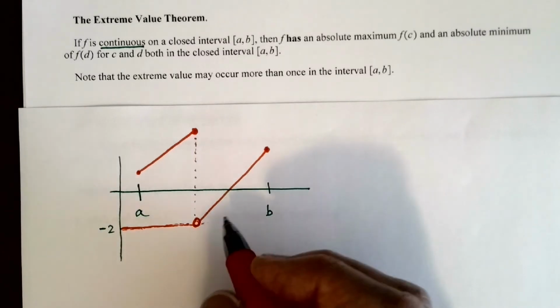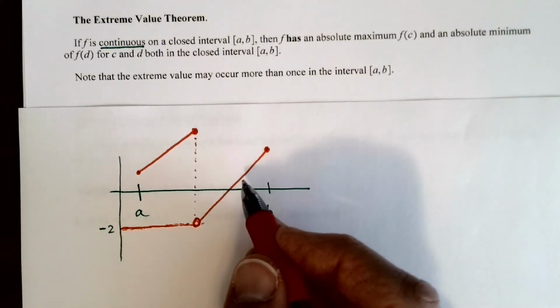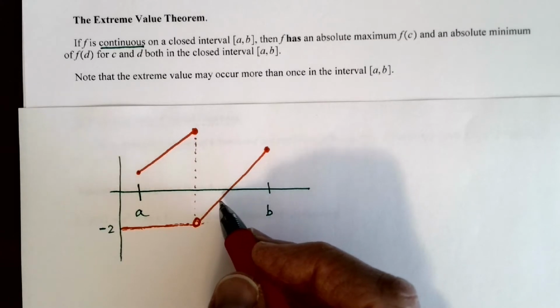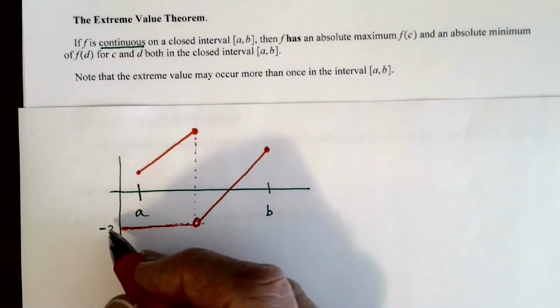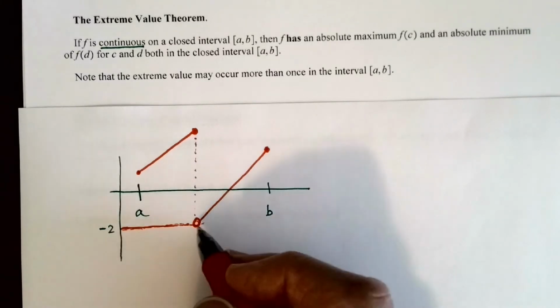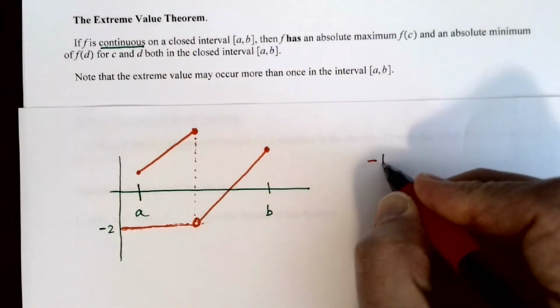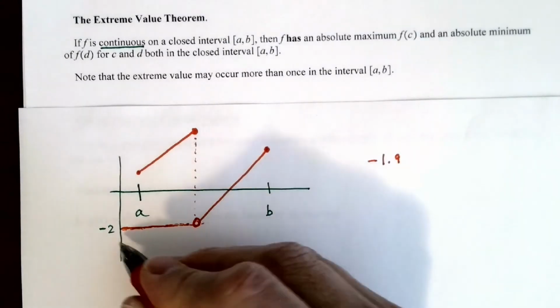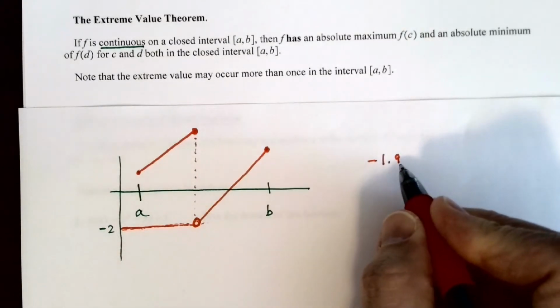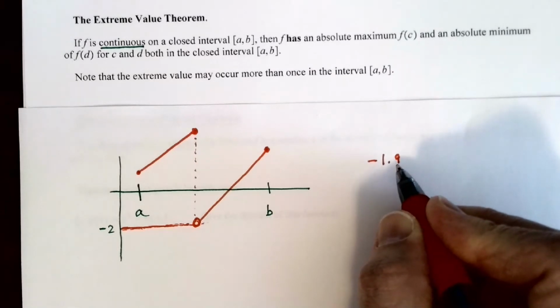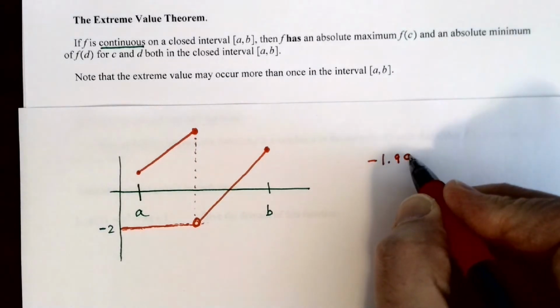We talked about this a while back at the beginning of the semester: there is not a smallest real number that is bigger than -2. Someone might say it's -1.9. That's certainly bigger than -2, but there's a number bigger than -2 that's closer than -1.9, namely, -1.99.